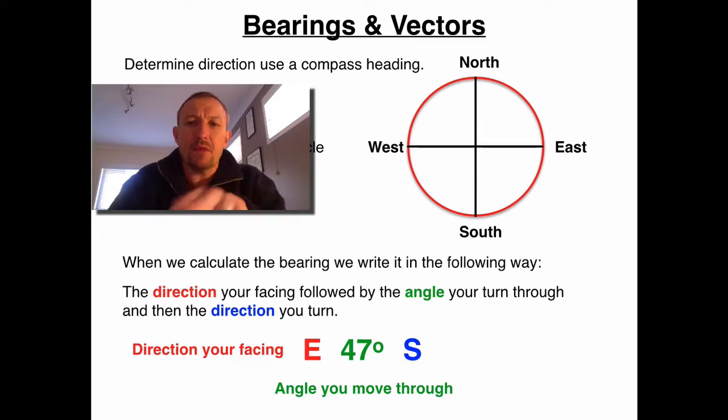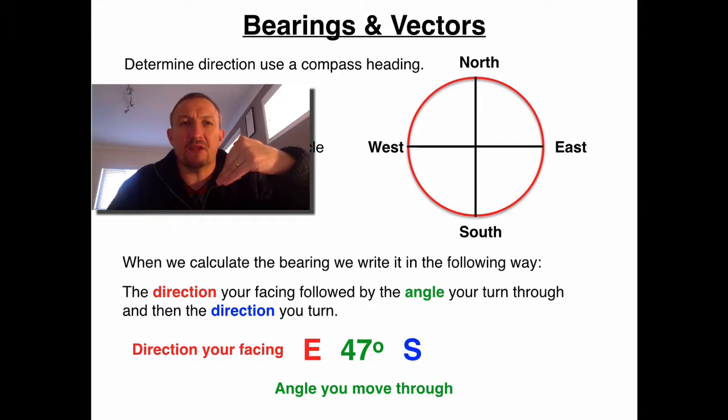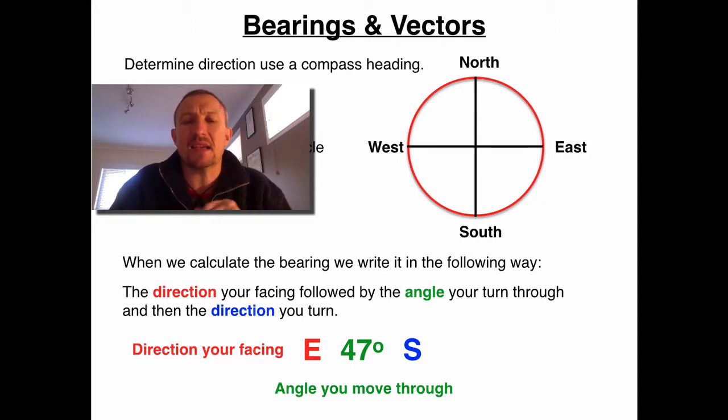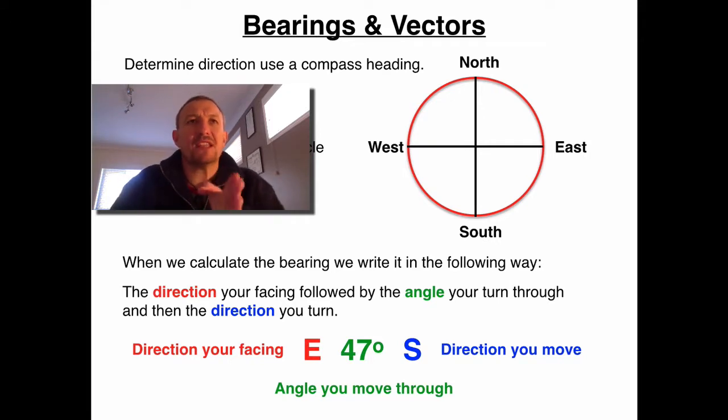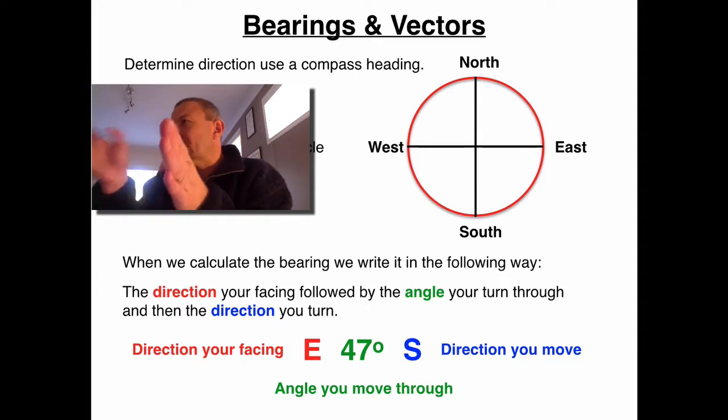If I'm standing in that center point, I could move upwards 47 degrees or downwards 47 degrees. Nothing tells me which way to go yet until we get to that second symbol, the south, the S. The S tells us the direction we've got to move. So if I'm standing facing east, I'm going to move 47 degrees in a southerly direction.